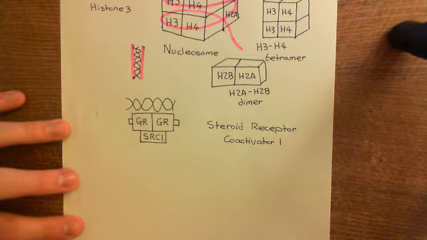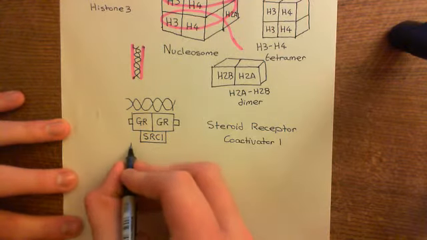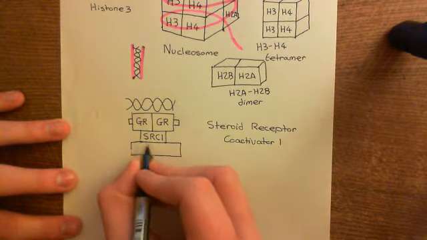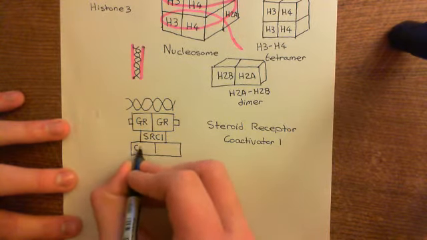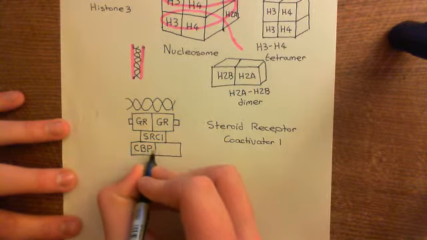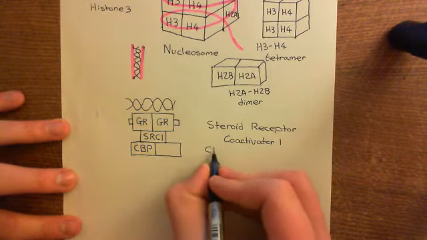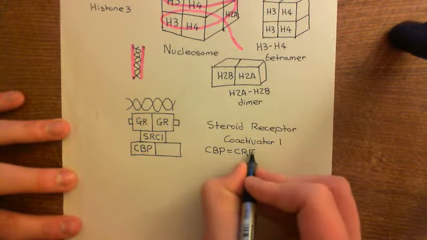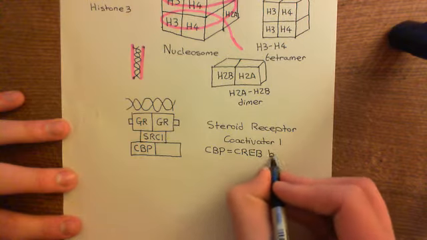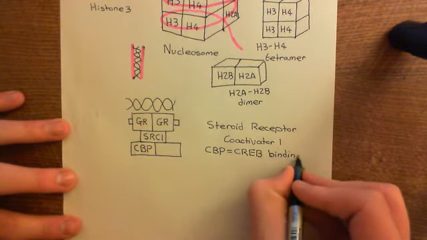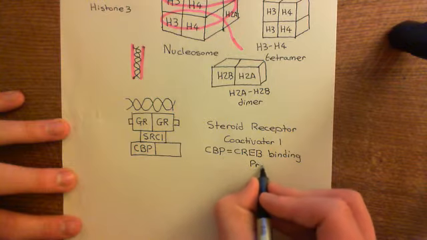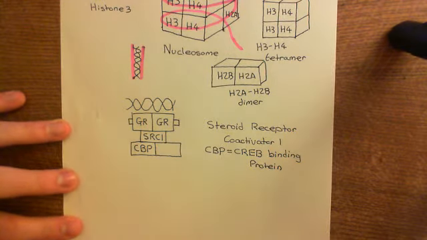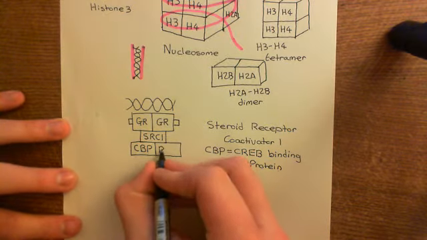Now 2 more proteins are going to bind on top of the steroid receptor coactivator 1 protein. One is known as the Krebs binding protein, or CBP for short. So CBP stands for Krebs binding protein, where BP is for binding protein. The other protein which binds on top of the steroid receptor coactivator 1 is known as PCAF.